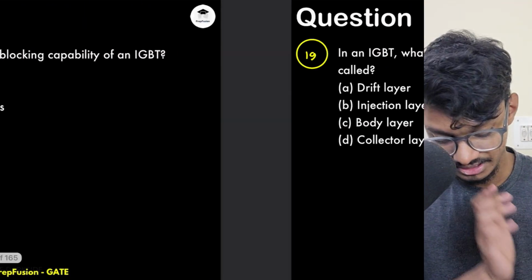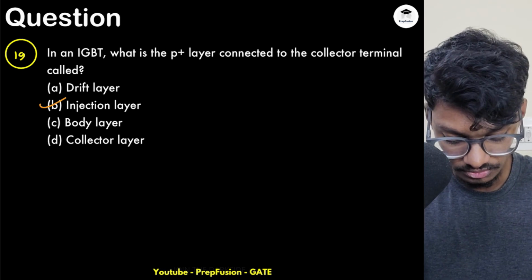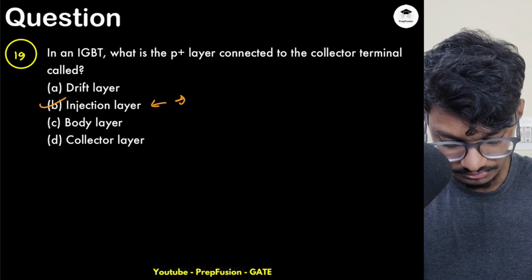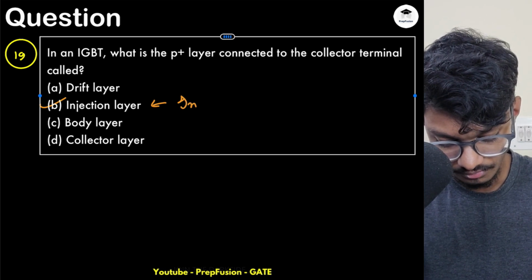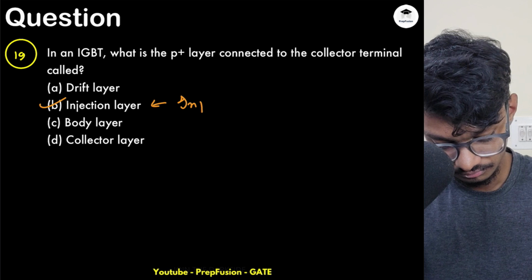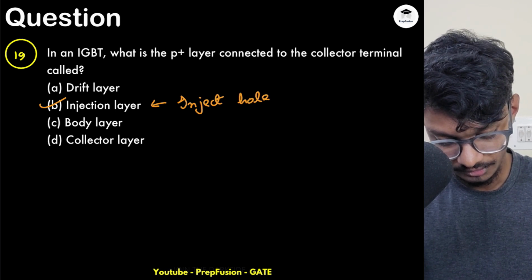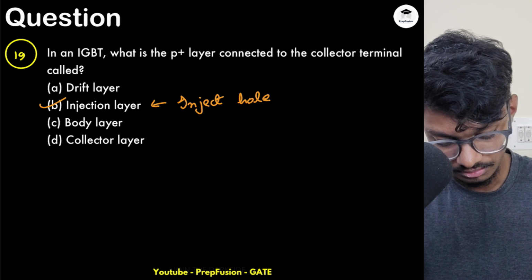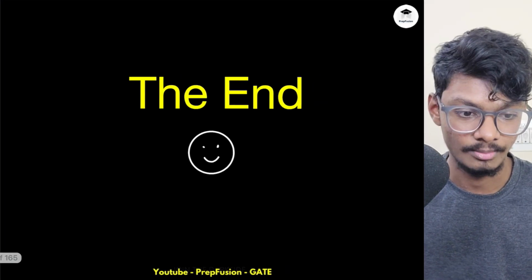So it will be the injection layer. This is just a theoretical point that you should know. As we inject holes, that's why this is known as the injection layer.